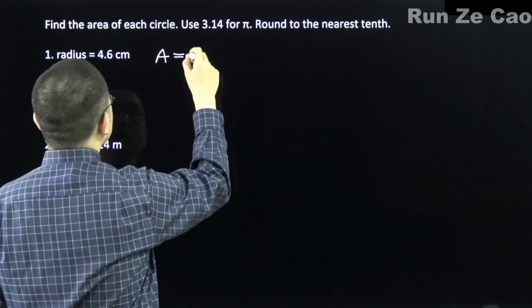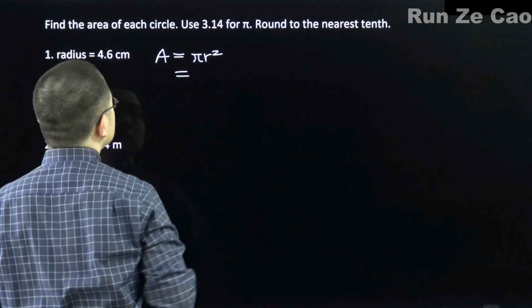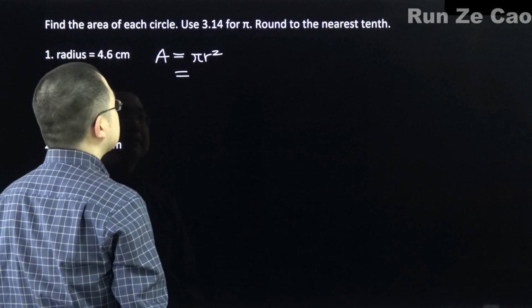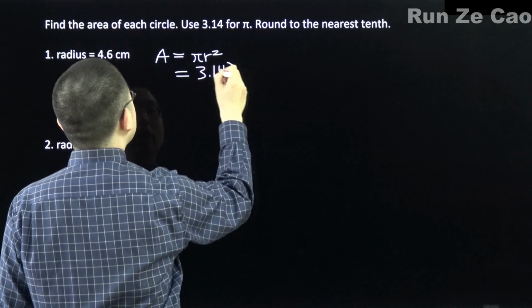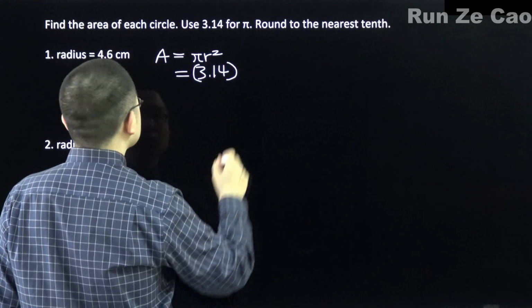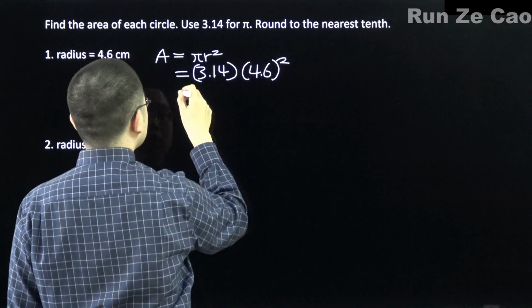The area here is going to be pi r squared, so that is going to be 3.14 times r squared, 4.6 squared.